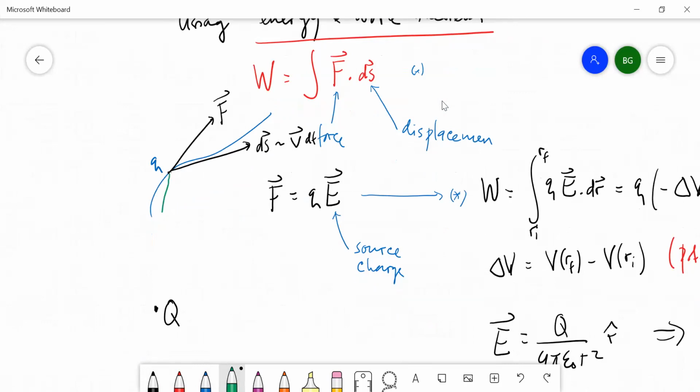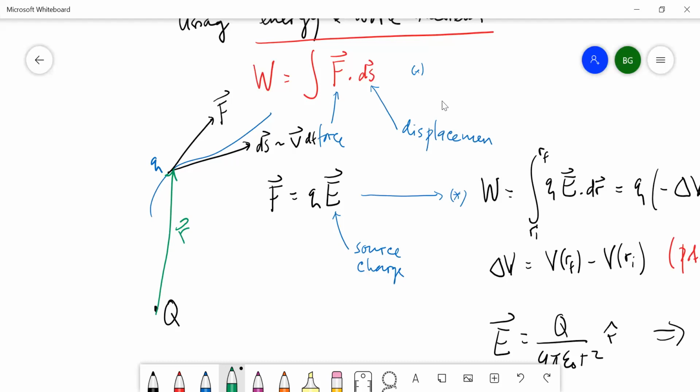This is R. So this source charge Q is trying to move this test charge to a new position.